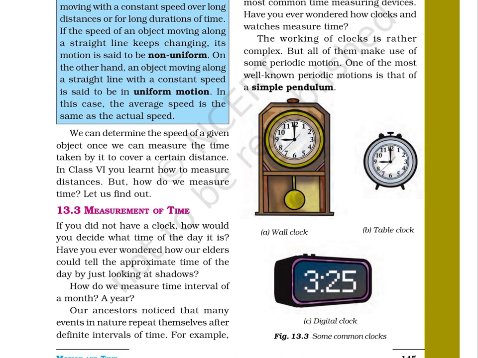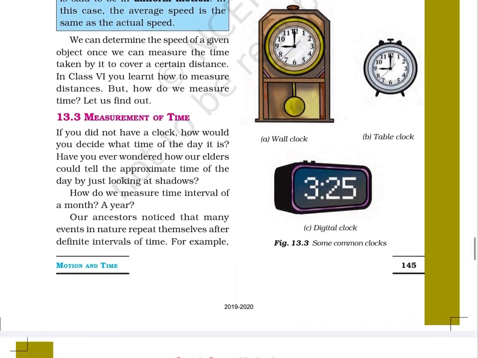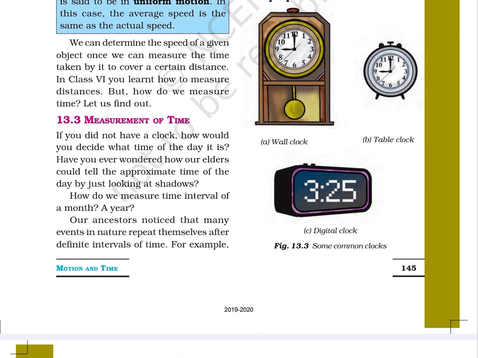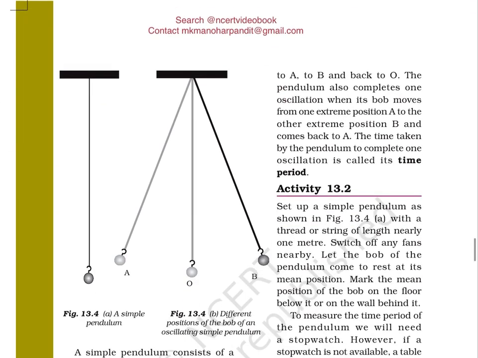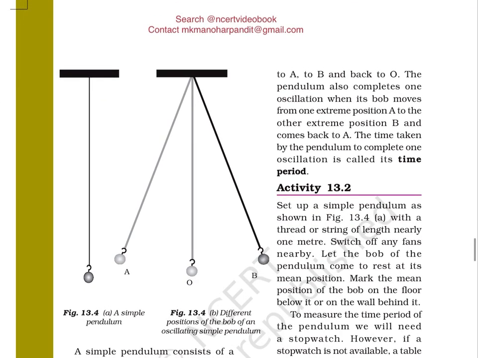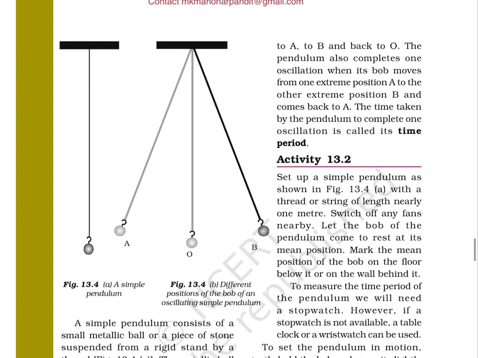Figure 13.3. Some common clocks. A. Wall clock. B. Table clock. C. Digital clock. Page 146. Figure 13.4a. A simple pendulum. Here, we can observe a simple pendulum which is still and not in motion.